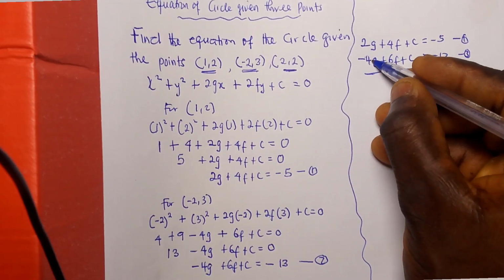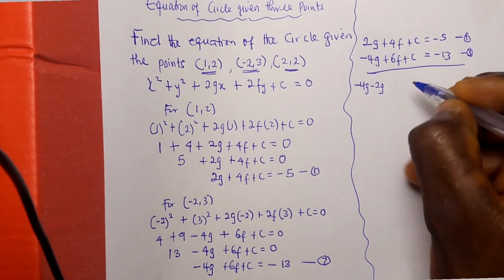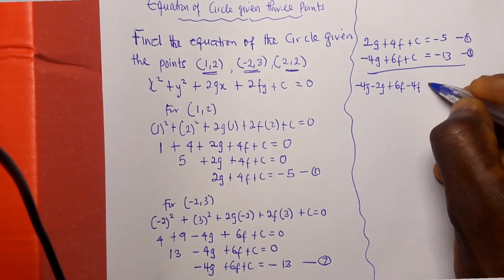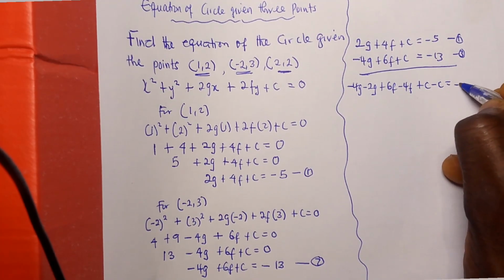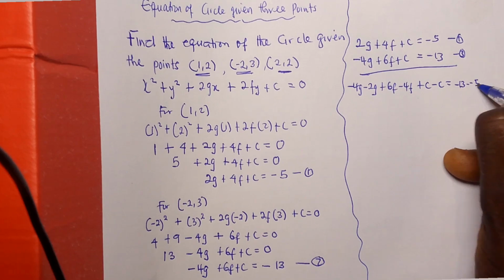When you subtract this from this, with minus 4j minus 2j, then plus 6f minus 4f plus c minus c is equal to minus 13 minus 5.